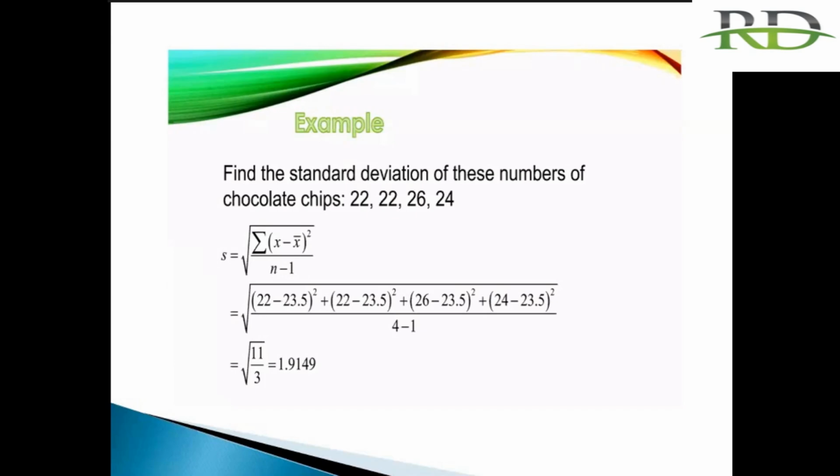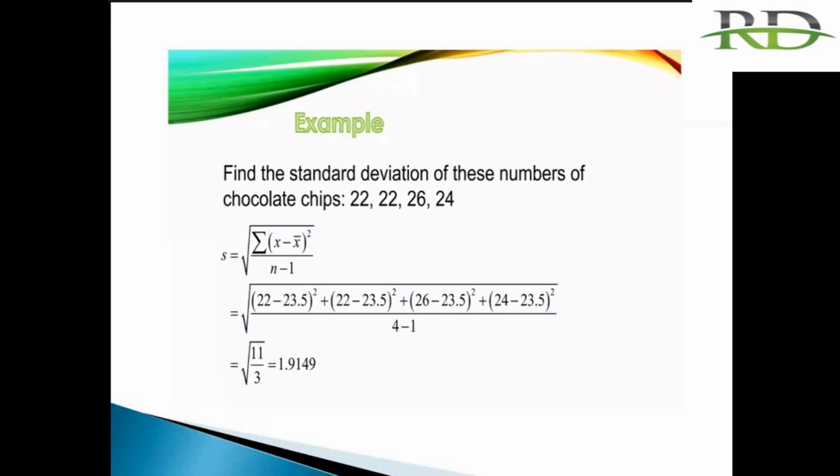Sir, is there any difference in the value of the standard deviation between the population and the sample?